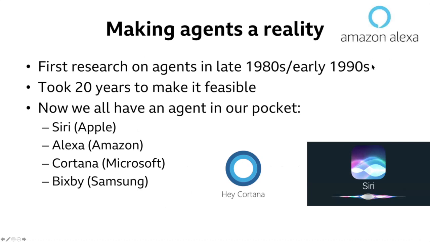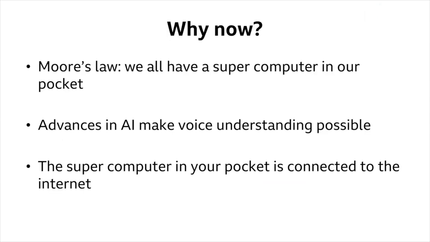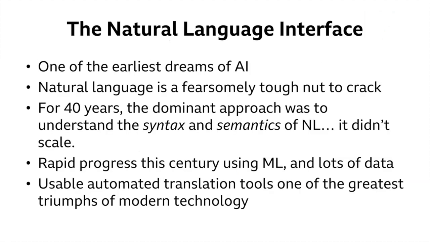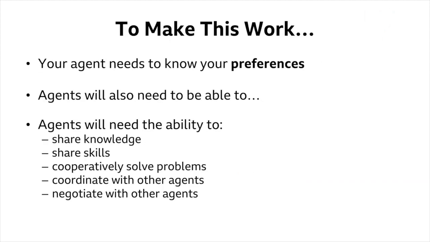These are all implementations of that dream of having agents that act proactively on our behalf. But the version of the future that isn't there yet is the idea of these agents interacting with one another.